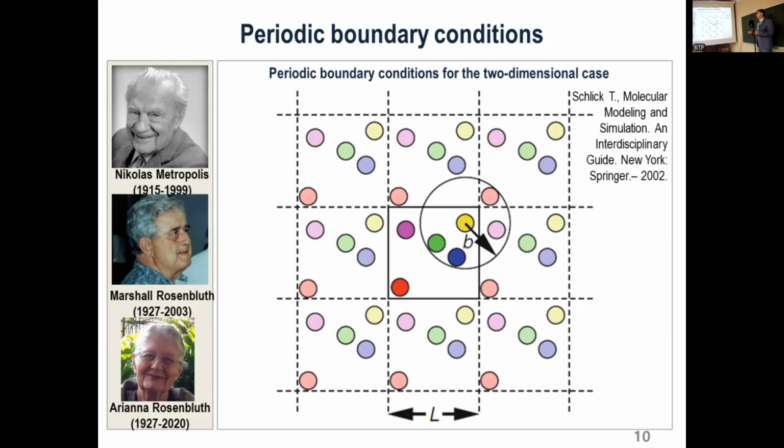And in such a way, we model the system as infinite. This method is used now everywhere in any simulation. And it was introduced by Nicholas Metropolis and his colleagues Marshall Rosenbluth and his wife Arianna Rosenbluth.